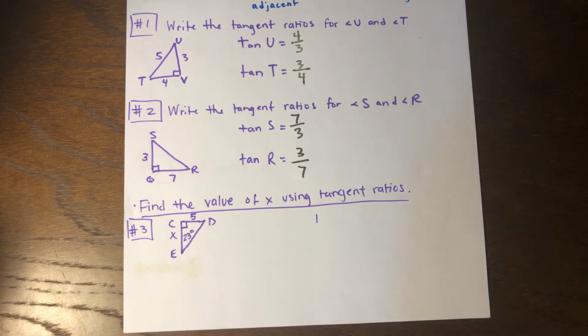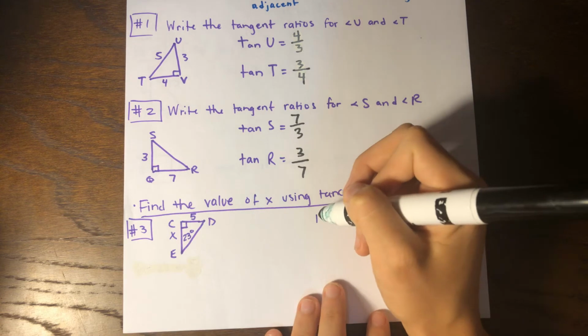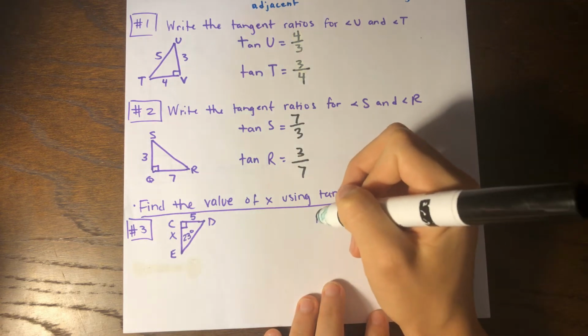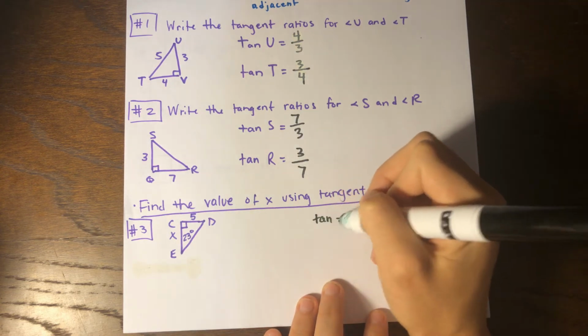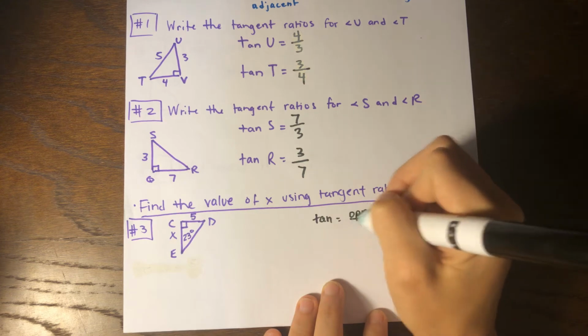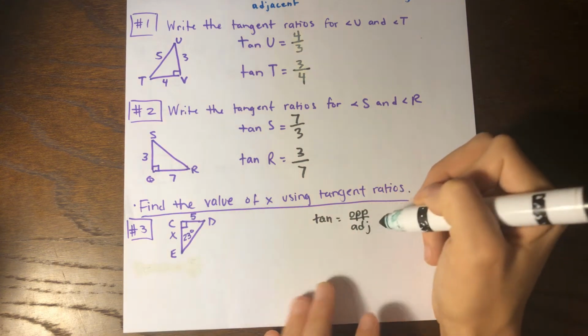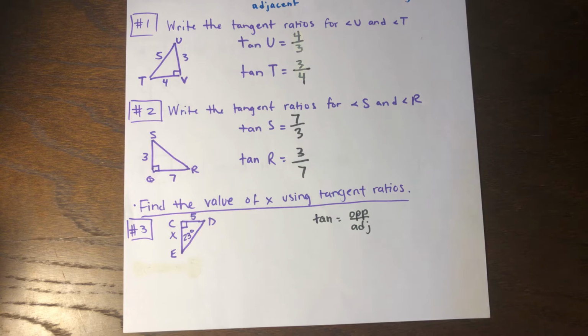Fair enough, and now we're going to keep moving on to number 3, where it says find the value of x using tangent ratios. So remember that tangent is the opposite over adjacent. So we're going to need to solve this.